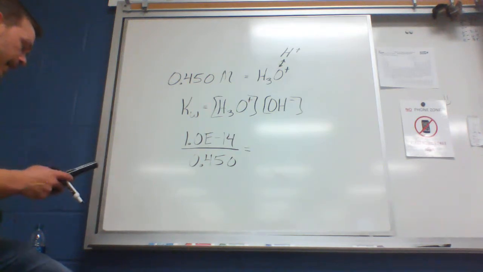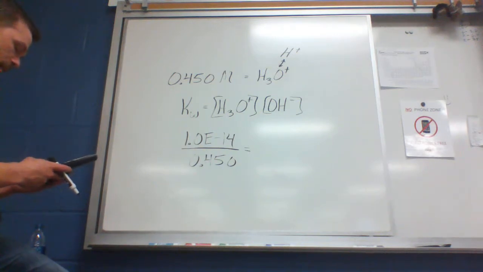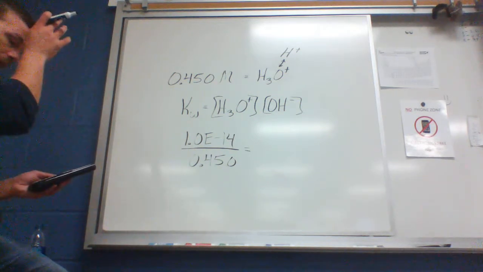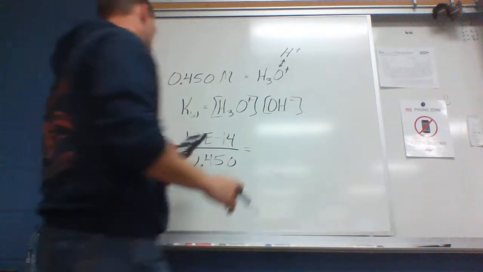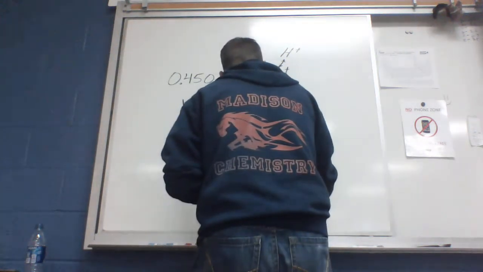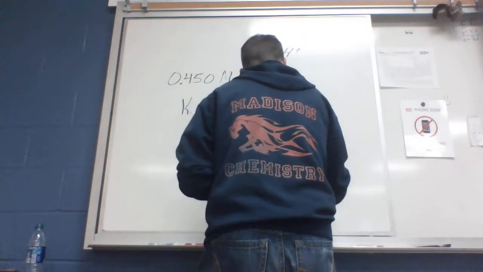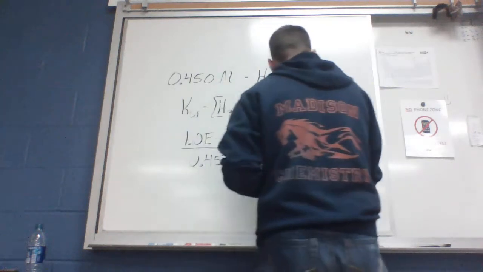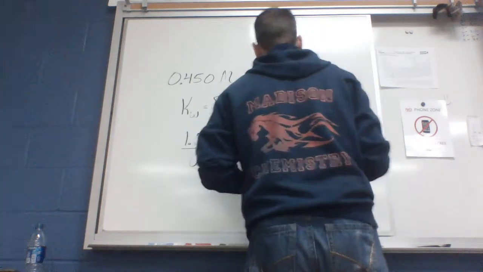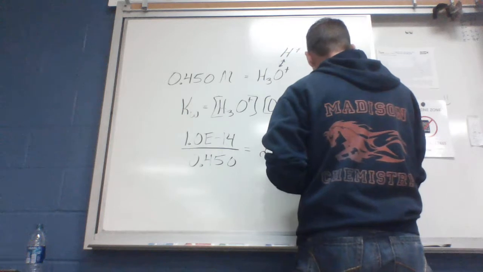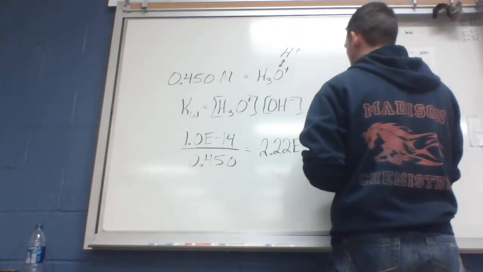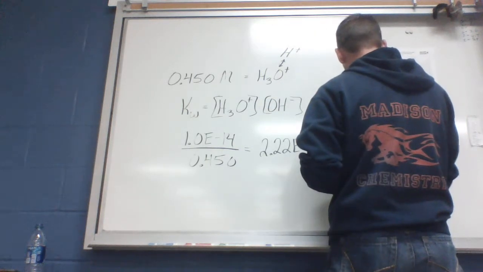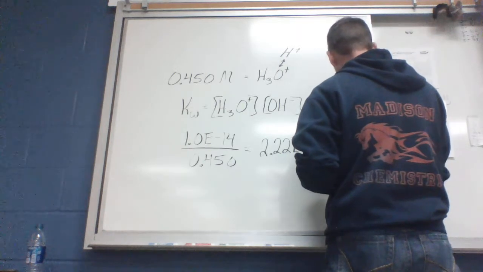So 1E negative 14 divided by 0.450, I'm going to end up with 2.22E negative 14 molar as my OH concentration.